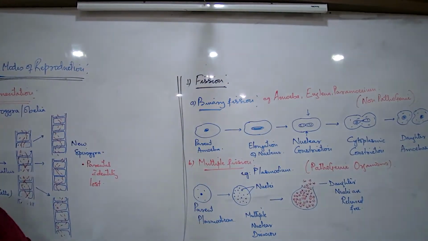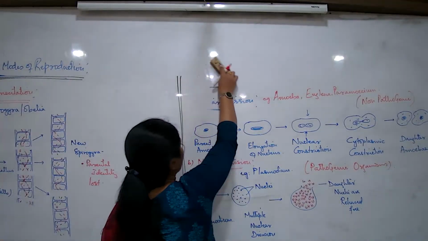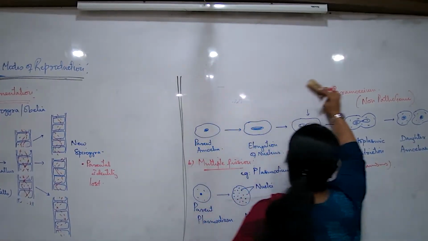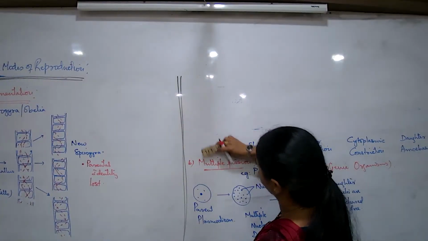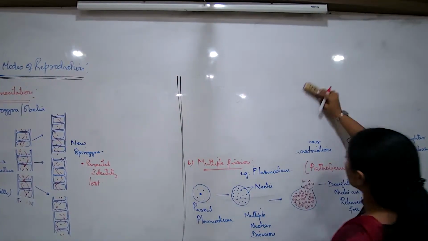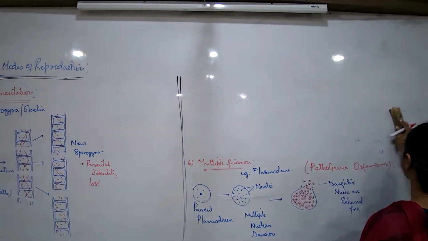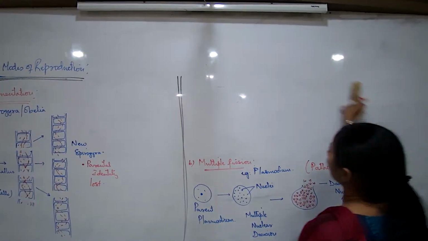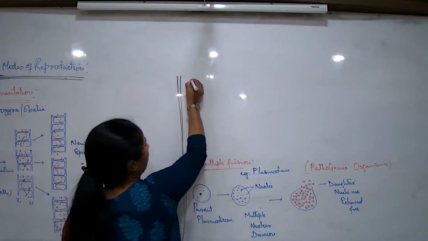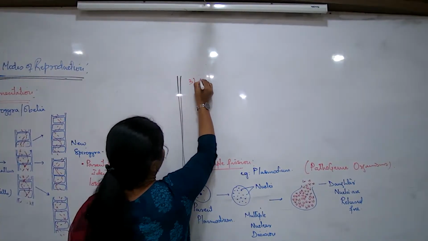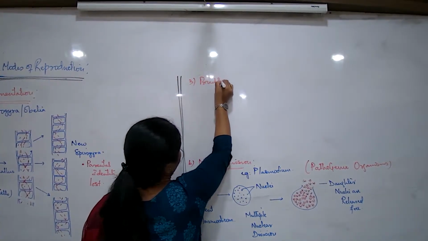Now let us go to the next method. We talk about budding. Now for budding, there are different modes of budding. What are the different modes? The third method we talk about is budding.